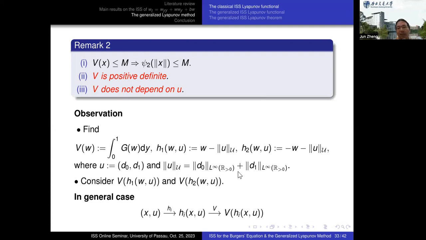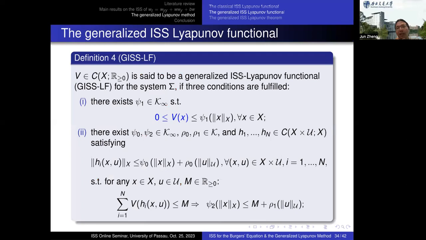So we would like to summarize the idea into a new notion called the generalized ISS Lyapunov functional. More specifically, we say a function V is a generalized ISS Lyapunov functional if three conditions are fulfilled.